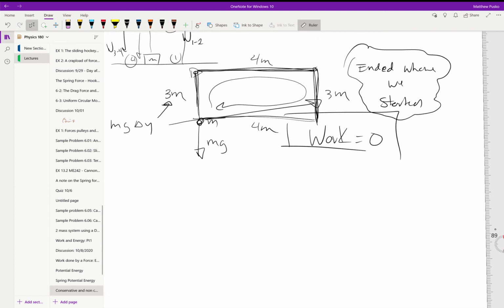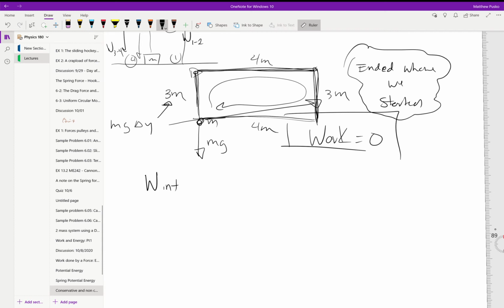Okay, so if we look at internal forces, we can associate the potential energy for a system with the force acting between the members of a system.